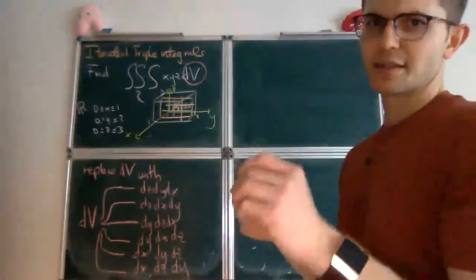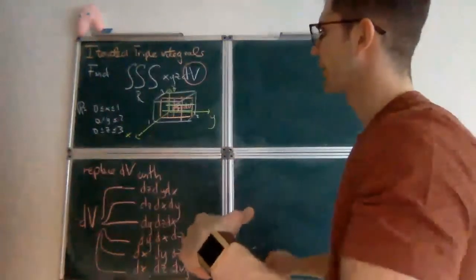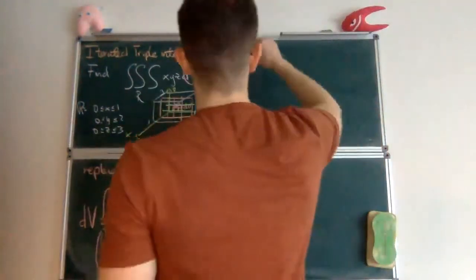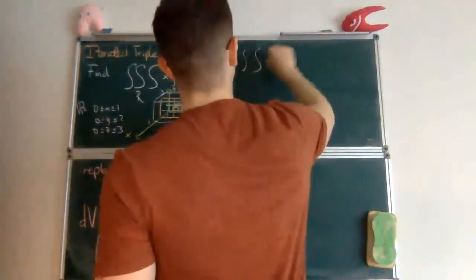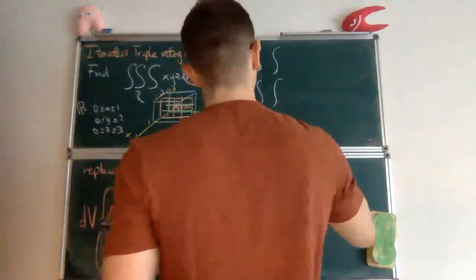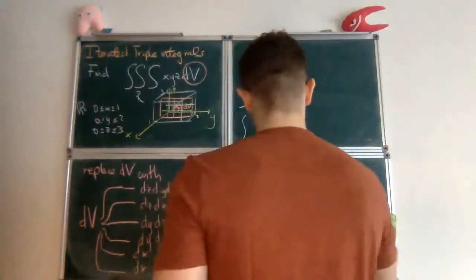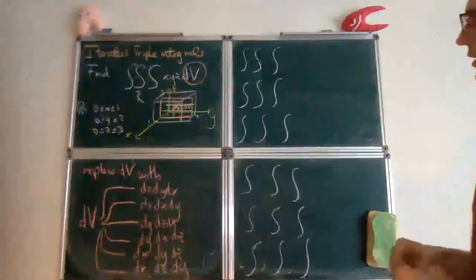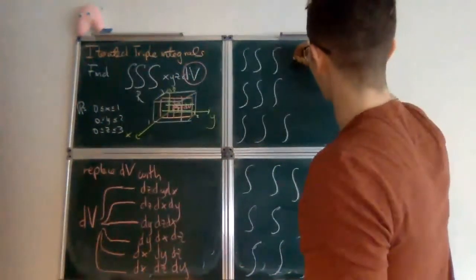I won't do the 6 ways because it would take forever. I will just do 2, but I will write it in all possibilities so that you see what the differences are. So again, the idea is that xyz is a function that never changes.